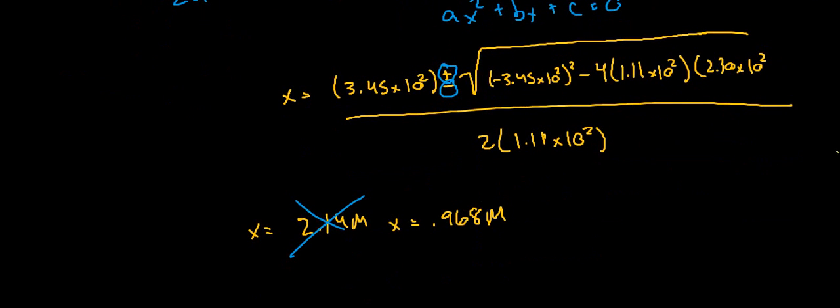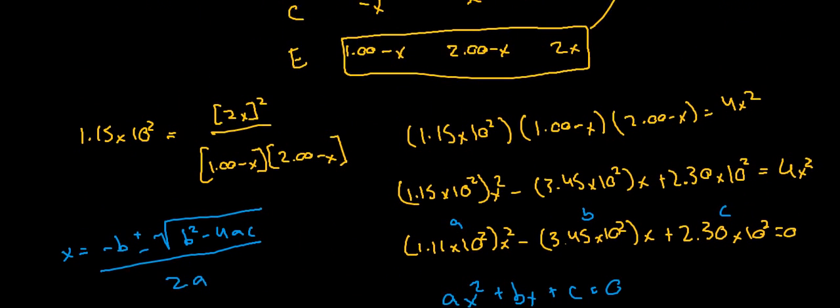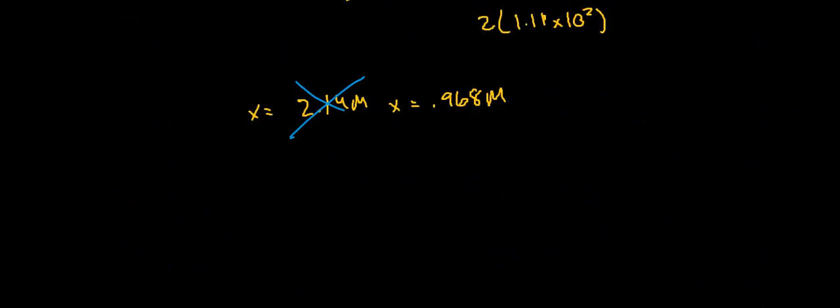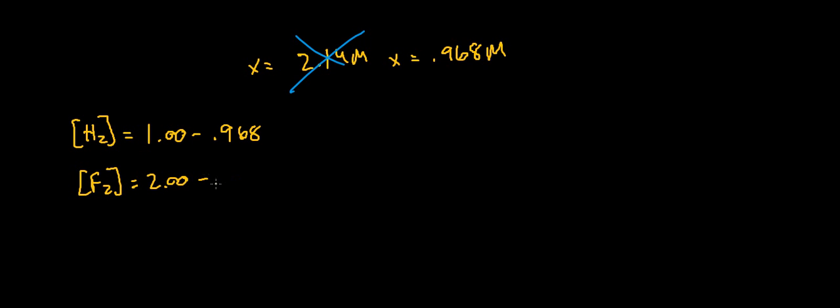Now that I have my x value, I substitute it back into here. And these are going to give me my equilibrium concentrations. So H2 is equal to 1 minus 0.968, F2, and then HF.